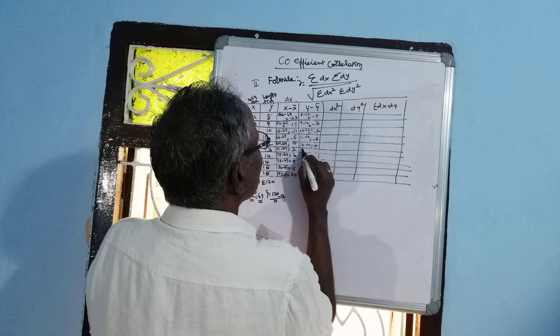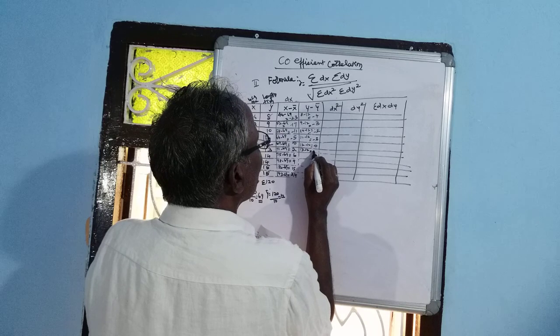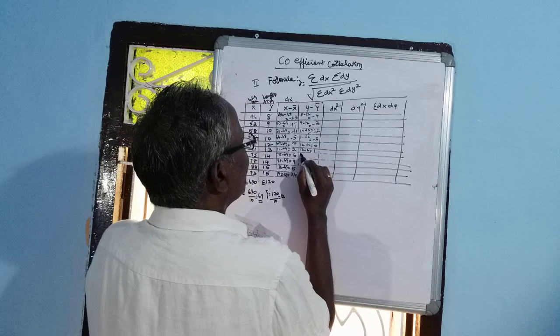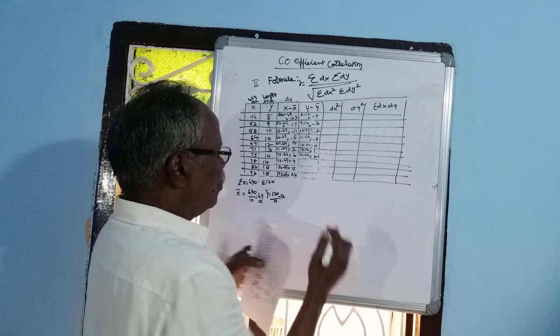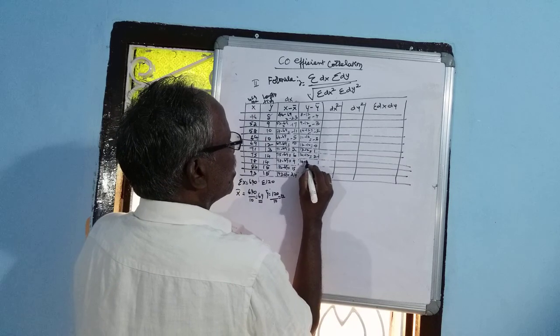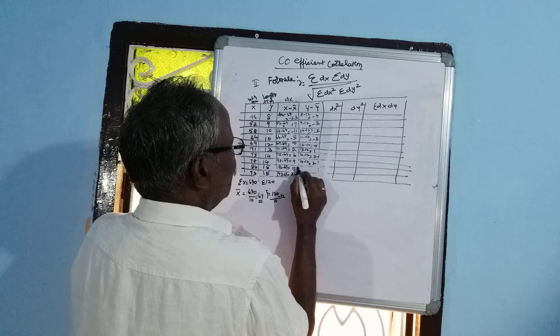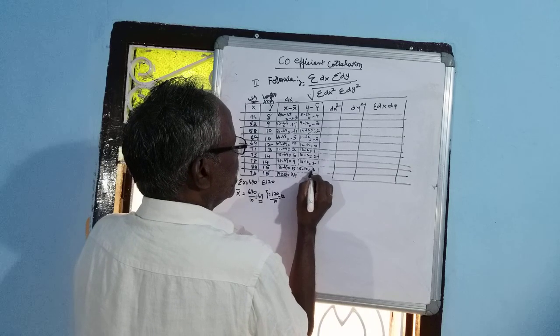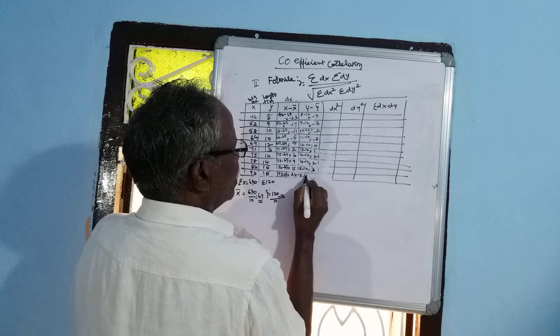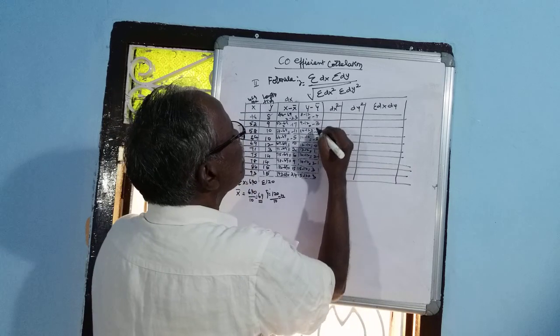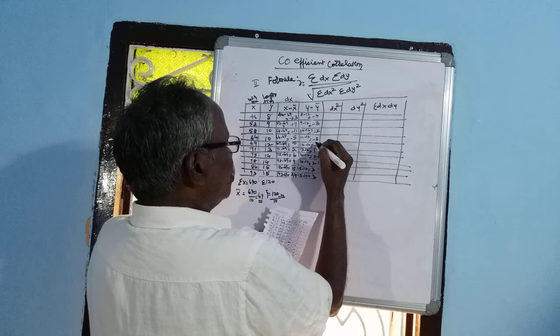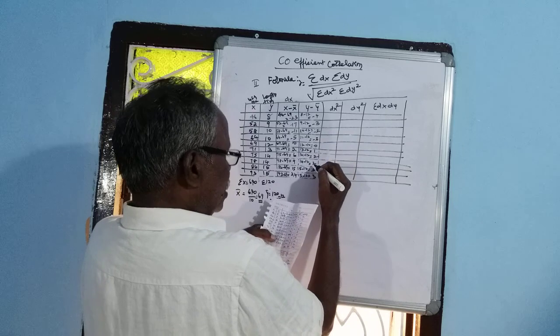Then 13 minus 12 is equal to 1. 14 minus 12 is equal to 2. 14 minus 12 is 2. 15 minus 12 is 3. 15 minus 12 is equal to 3. So the dy values are minus 4, minus 3, minus 2, minus 2, 0, 1, 2, 2, 3, 3.